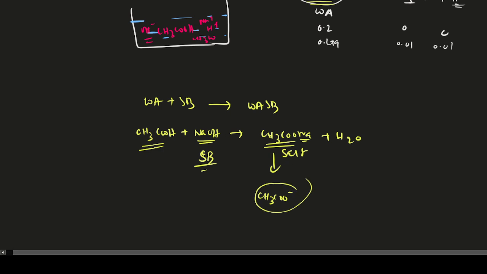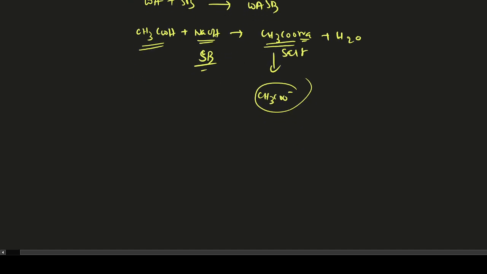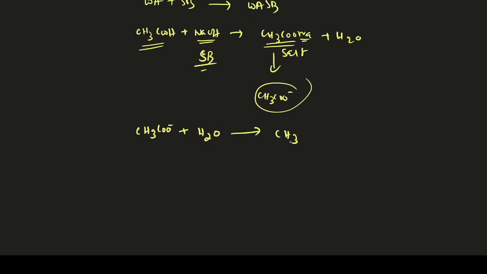That is, in salt hydrolysis, weak components of the salt react with water. So the weak component CH3COO minus reacts with water, and that gives CH3COOH plus OH minus, because CH3COO minus reacts with H plus, and OH minus is left as it is.